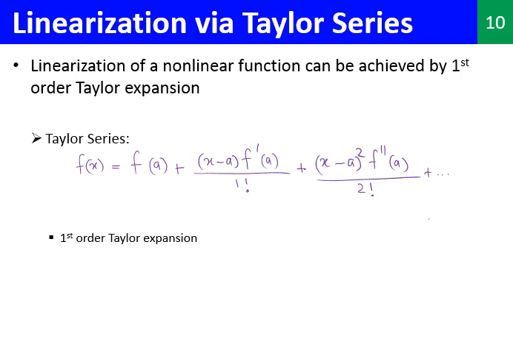Then what is the first order Taylor expansion? Now if we assume our x is very close to the point a, then the higher order terms, for example this one, would be very small, right? And we can neglect them. Then we would be left with only the first two terms.